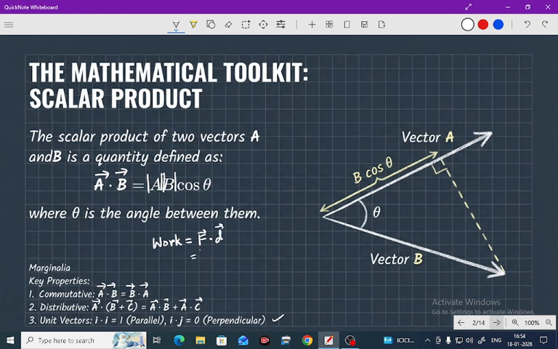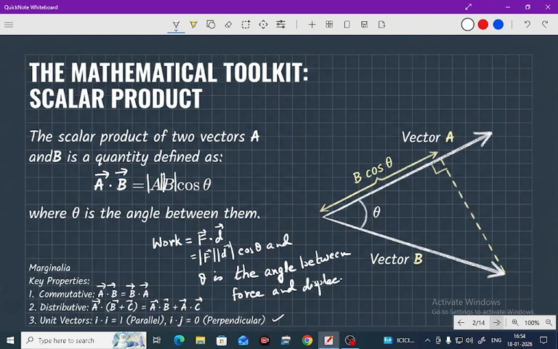So we got it as modulus of F into modulus of D into cos theta, and theta is the angle between force and displacement. This is the definition of work.